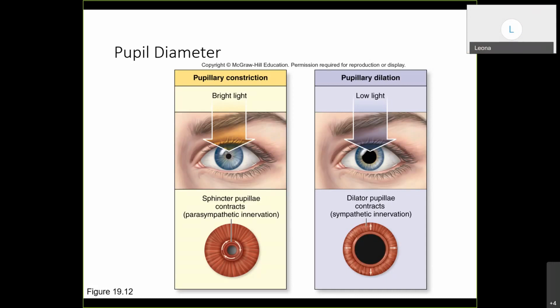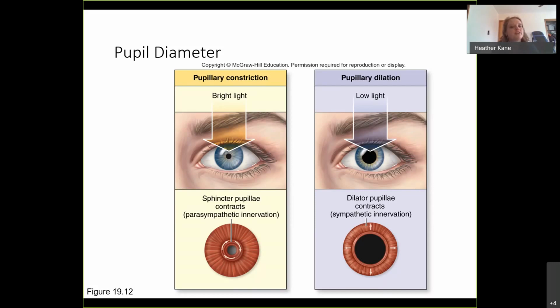Try again. Parasympathetic. So the parasympathetic nervous system is, can you guys hear that echo? Just muted you guys. Yeah, okay.